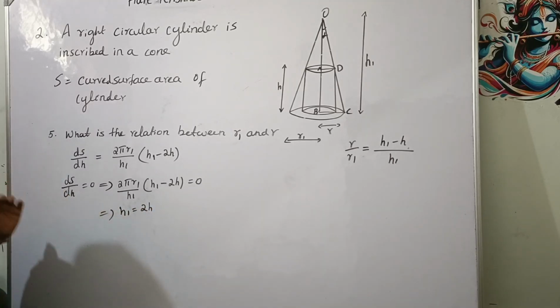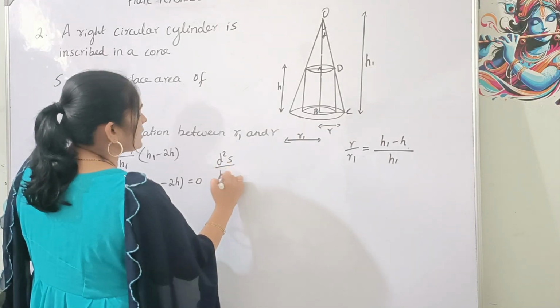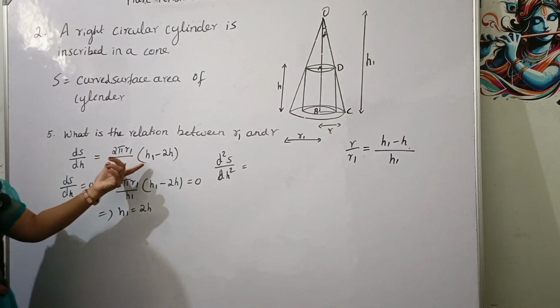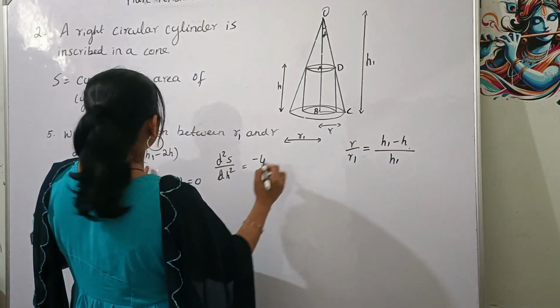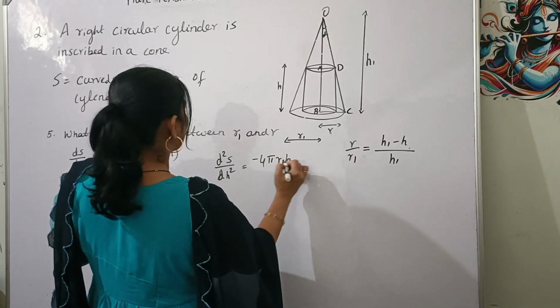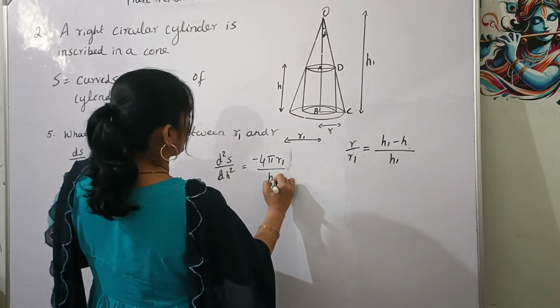And what is d square S by dH square? That is the derivative of this with respect to H, which we had already got: minus 4 pi R1 divided by H1.